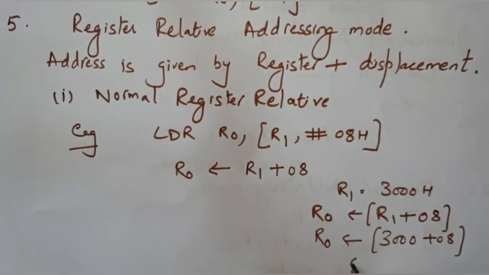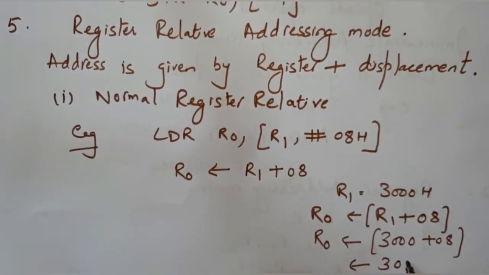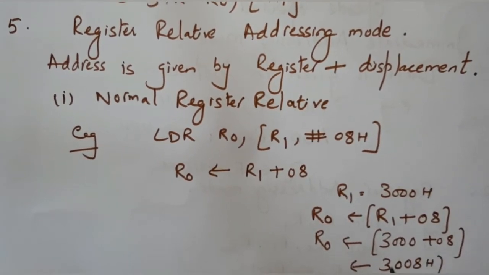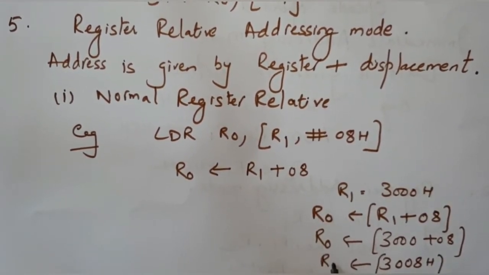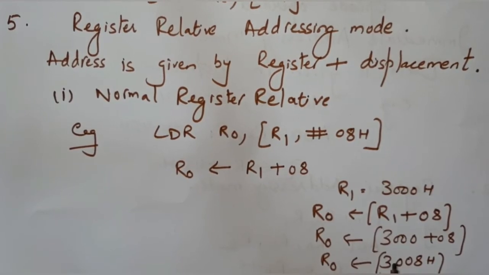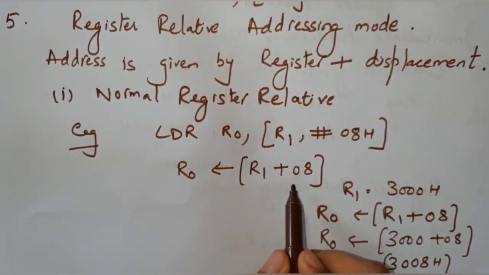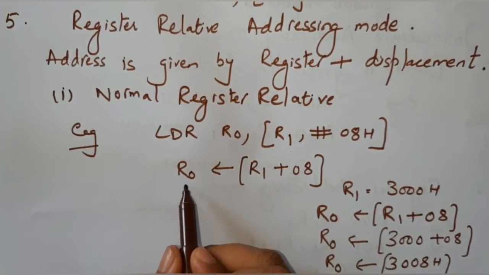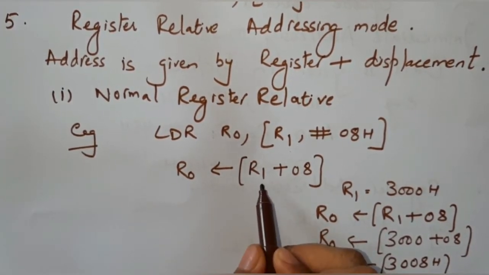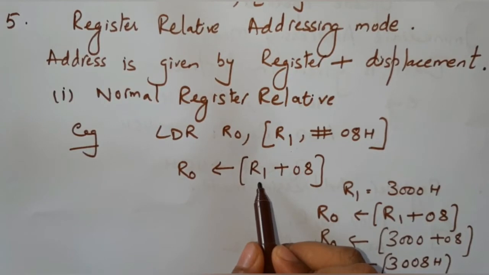This means the content of the 3008 memory location will be moved to the register R0. Once the content of this memory location is loaded to the register R0, the value of register R1 will not be changed.